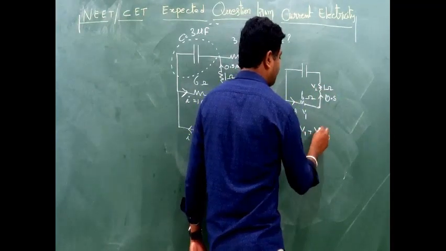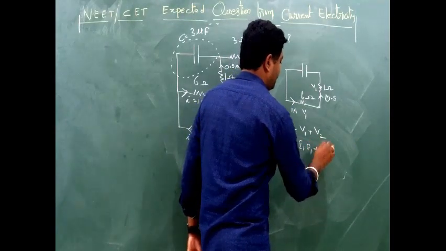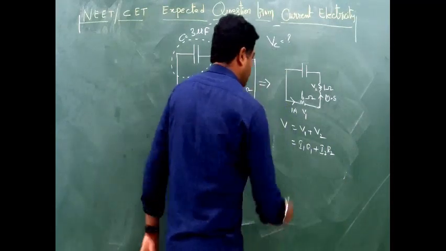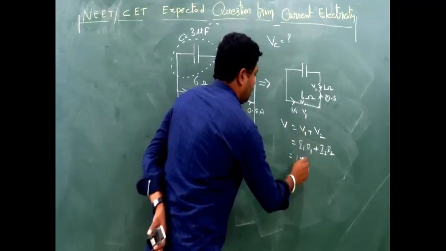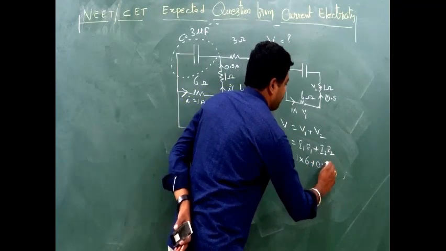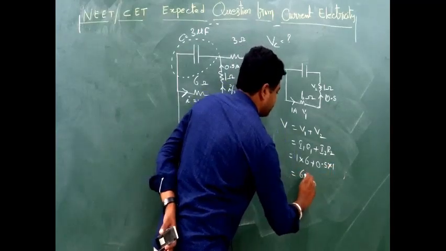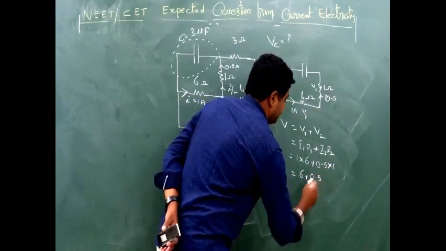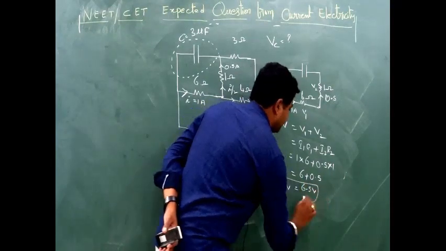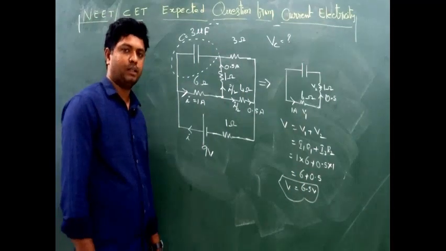V is equal to V1 plus V2, that is I1 R1 plus I2 R2, where I1 is 1, R1 is 6, I2 is 0.5, and R2 is 1. So 6 plus 0.5 is equal to 6.5 volts, the potential difference across the capacitor.